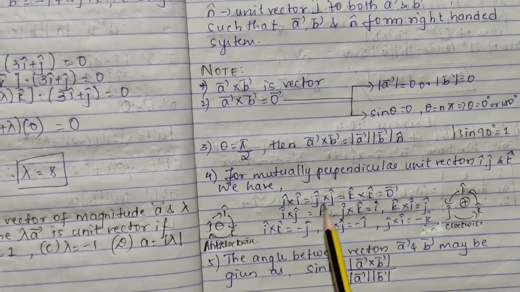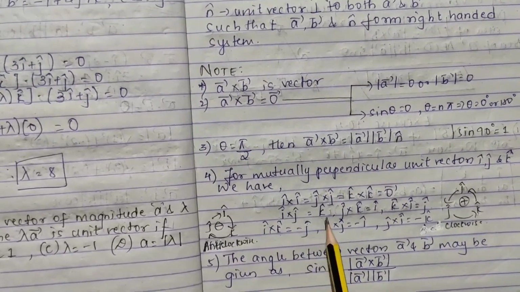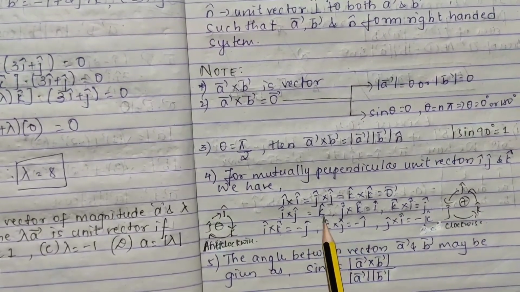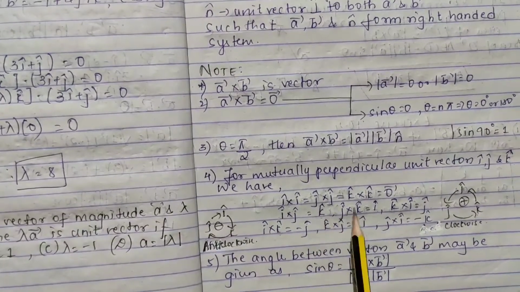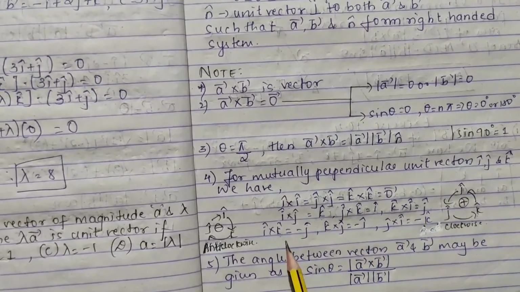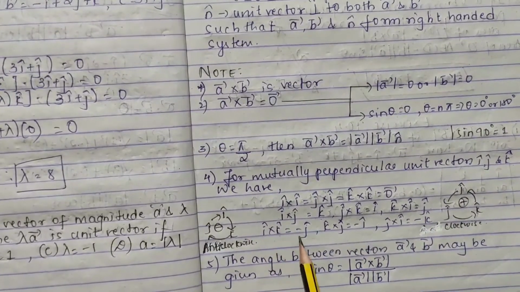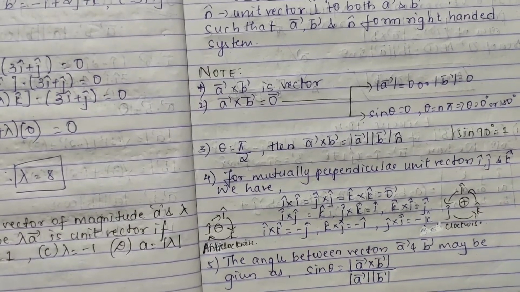But here in cross product it is 0, and i cap cross j cap you will get the third cap, that is k cap. In your dot product it was 0, but here you will get the other, k. j k will be i, k i will be j. If you are doing reverse, like i into k it will be minus j, k into j it will be minus i, j into i it will be minus k.